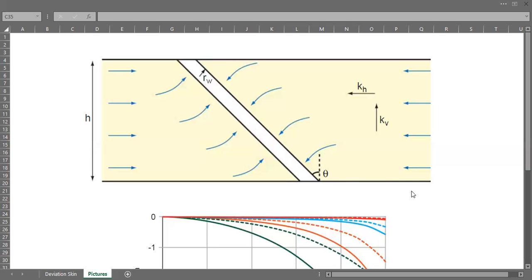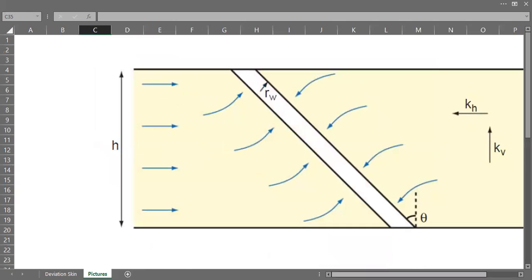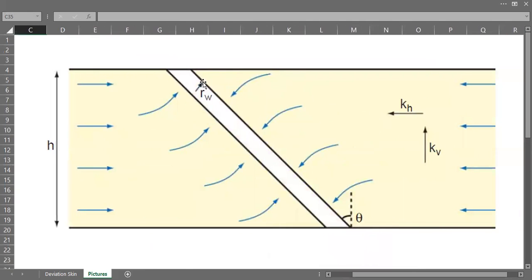So this is our wellbore, and then this is the horizontal reservoir. And then you have a dashed line perpendicular to the reservoir. And the angle between this well and the dashed line is the deviation angle.